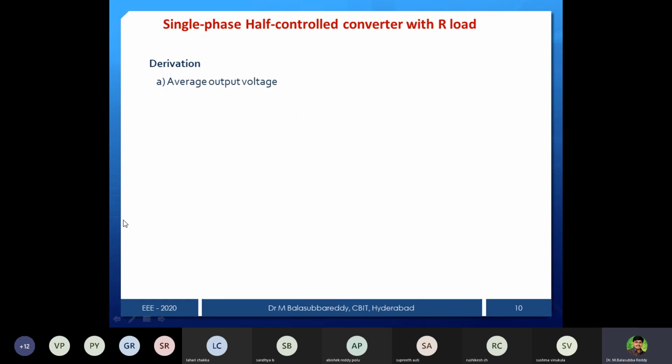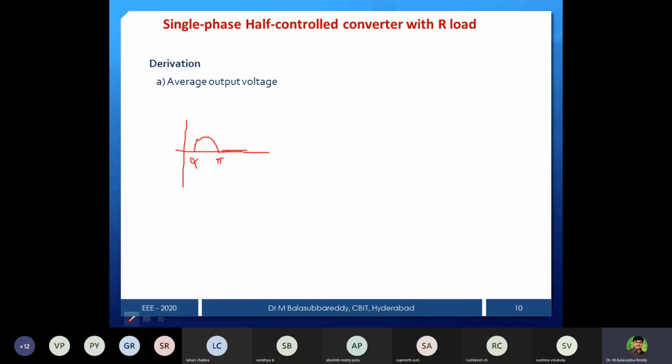Now you can see the first one is average output voltage. So what is the average voltage expression? Initially it is 0, the device is not on, then it will be turned on. This is alpha, this is pi. Then during the negative half cycle it is 0, and again at pi plus alpha you get the same as the input voltage.